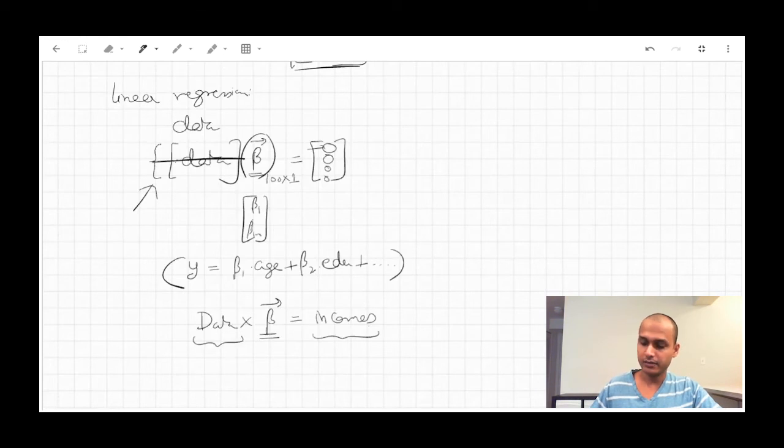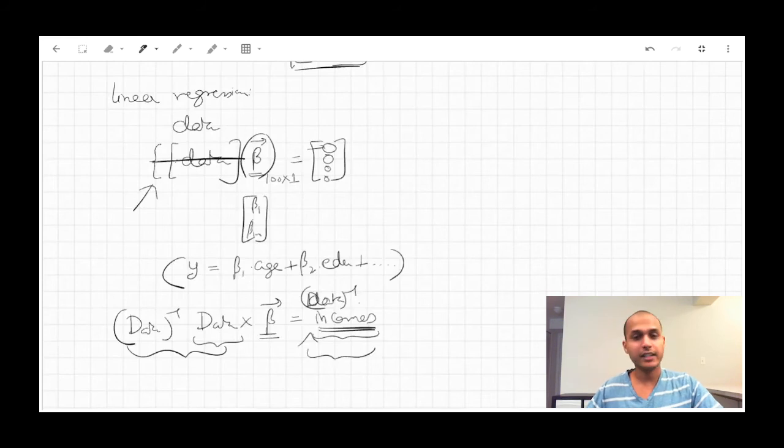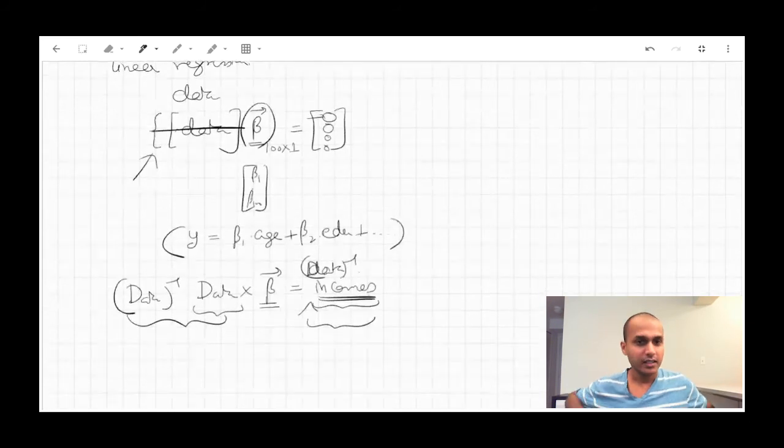To compute the beta vector, you can apply another transformation, the data inverse matrix, on both sides, right? And we know that the net effect is to bring beta to itself. So data inverse acts on the income vector to give us the beta vector itself. Okay, so this is just an interpretation of why inverse, determinants and system of equations are related to linear regression.